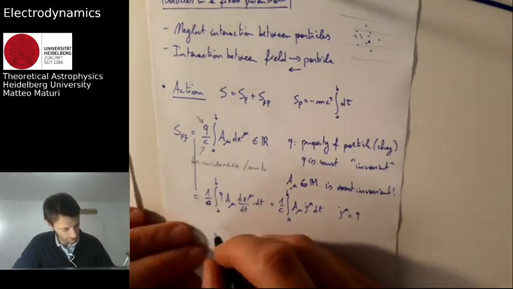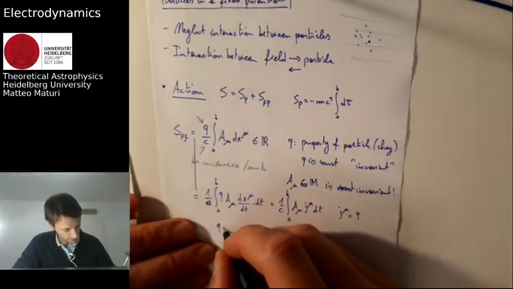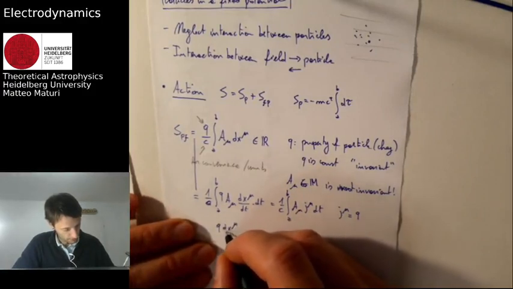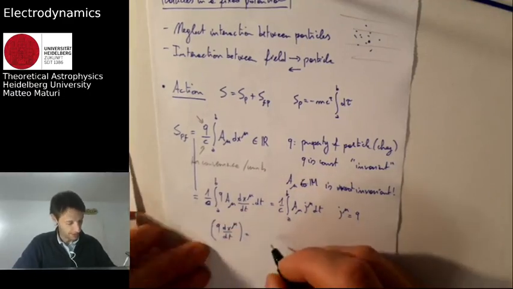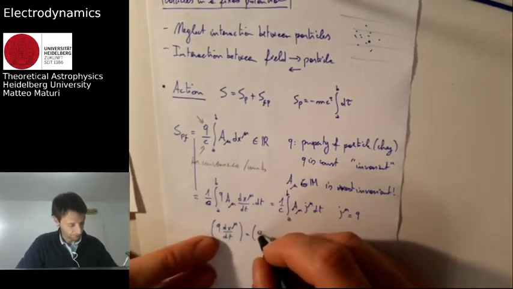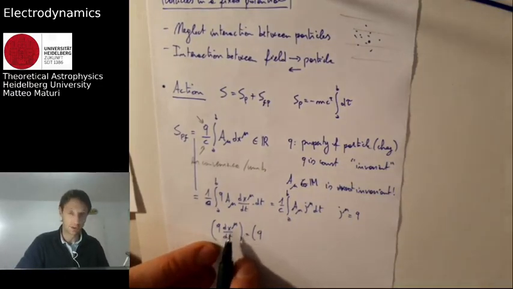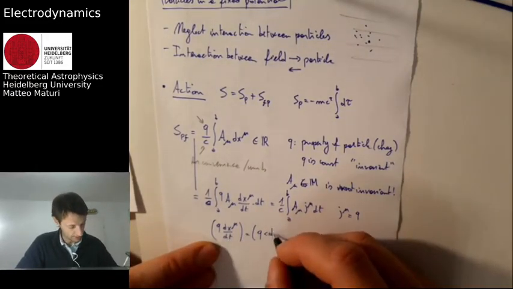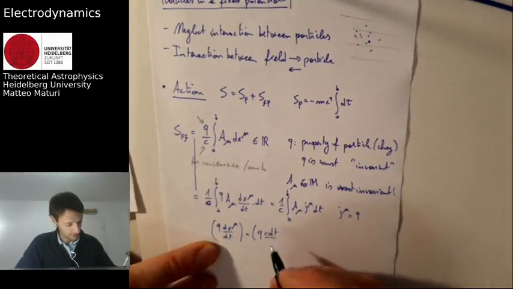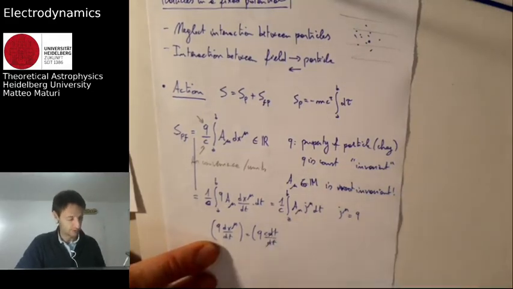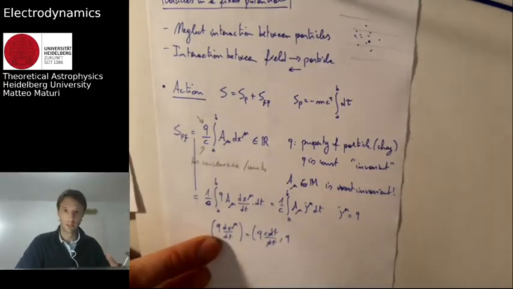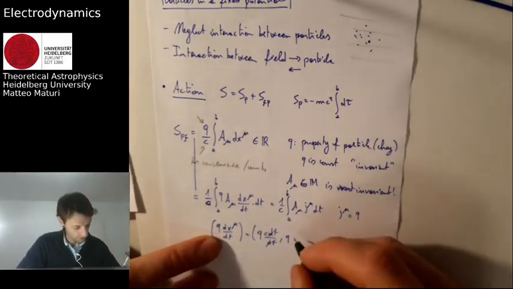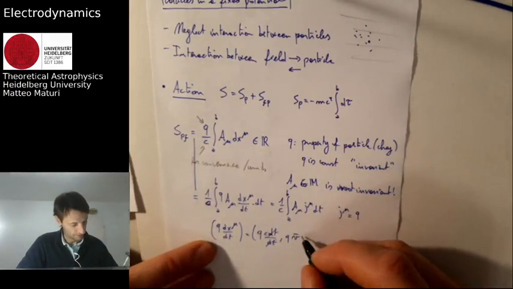Well, let's do it explicitly. So we have Q dx mu over dt. Okay, let's see what this is. So we have Q times dx0, which is c dt divided by dt. This one disappears. Then we have Q times dx1 over dt plus dx2 over dt, and so on, which is nothing but the velocity.